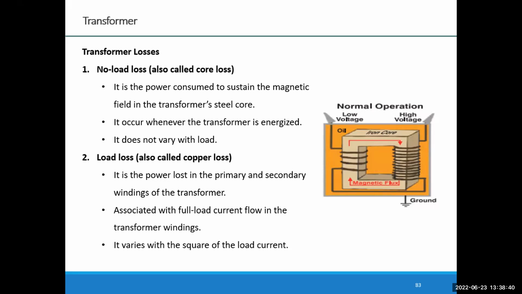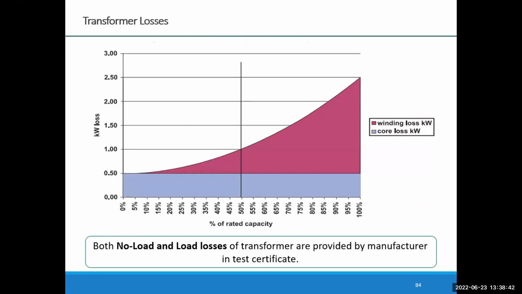It varies with the square of the load current. So in the picture, it can be seen that the core losses are constant and don't change with the loading of the transformer, whereas the copper losses change with the loading of the transformer.